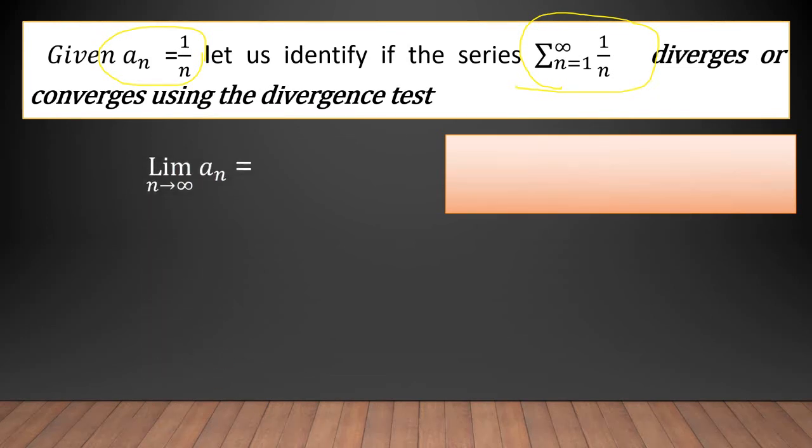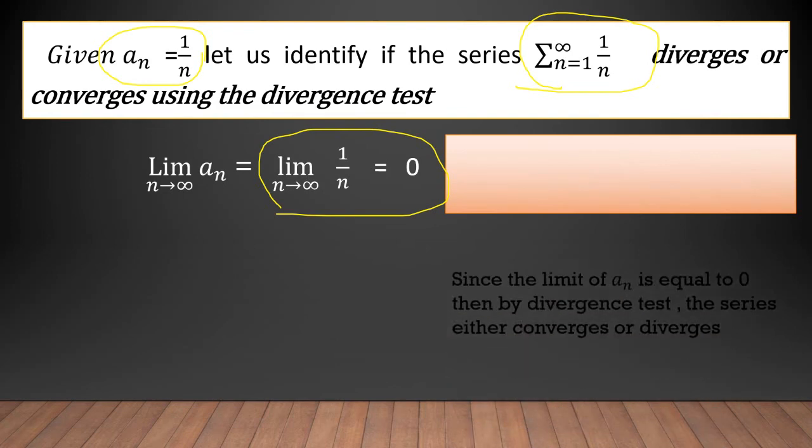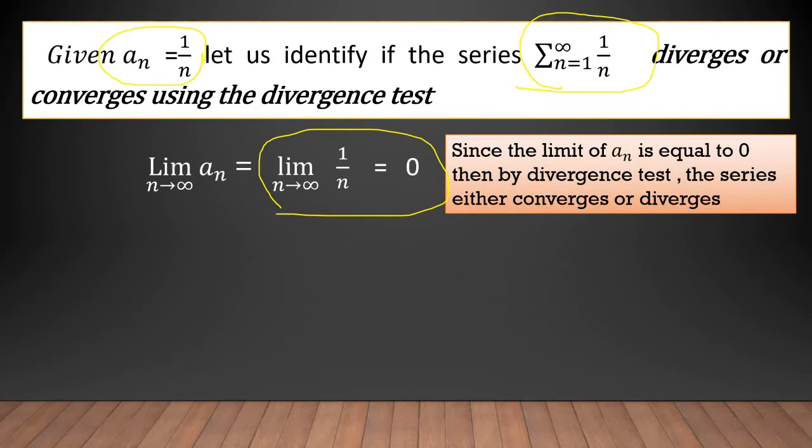Again, we get the limit of an, which is the limit of 1 over n as n approaches infinity, and we know that this is equal to 0. Since the limit of an is equal to 0, then by the divergence test, the series is not necessarily divergent. Instead, it is either convergent or divergent.